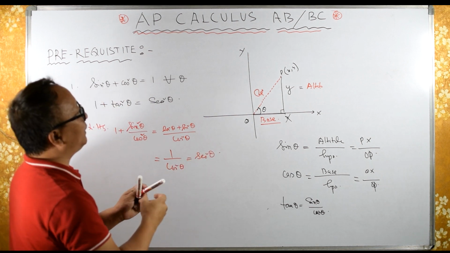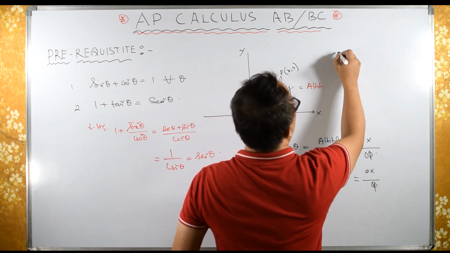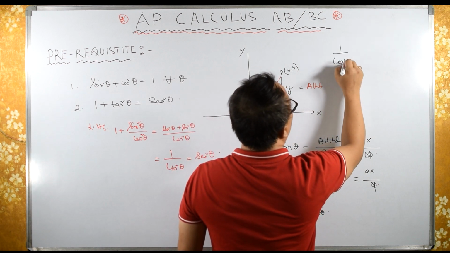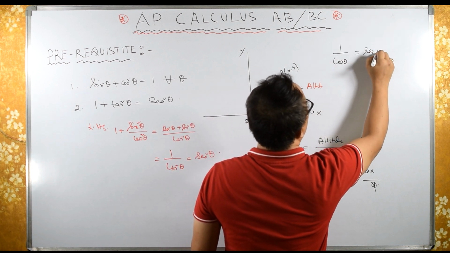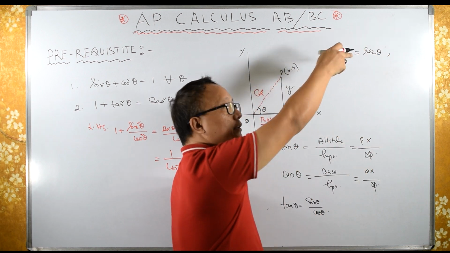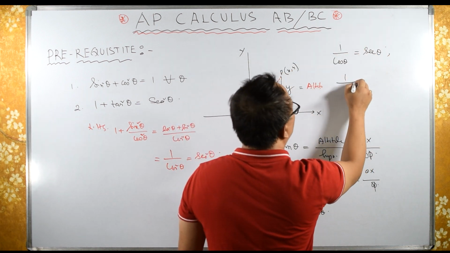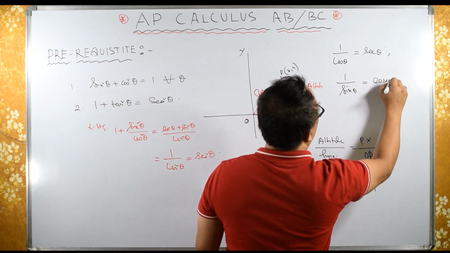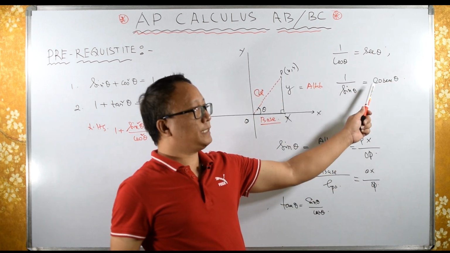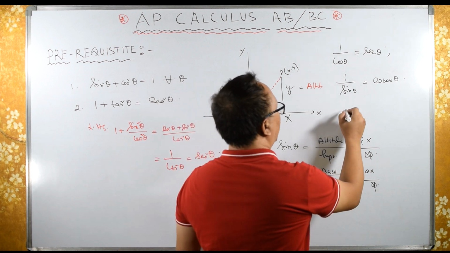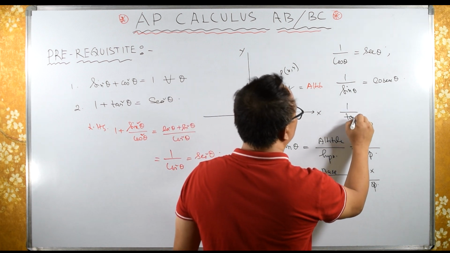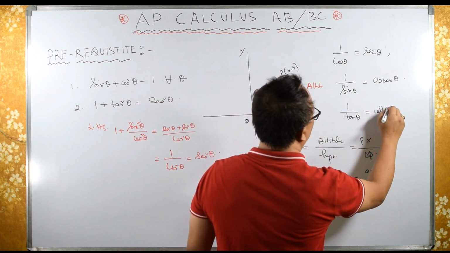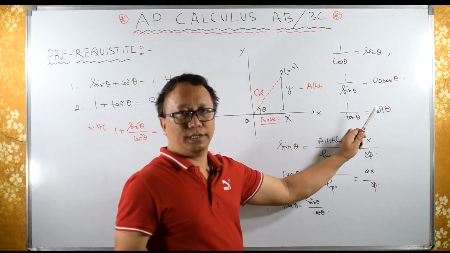So we have to remember some identities. 1 by cos theta is sec theta. Similarly, sec theta is the same as 1 by cos. 1 by sin theta is the same as cosec theta. Similarly, 1 by cosec is sin. And then 1 by tan theta is cot theta. Similarly, 1 by cot is the same as tan.